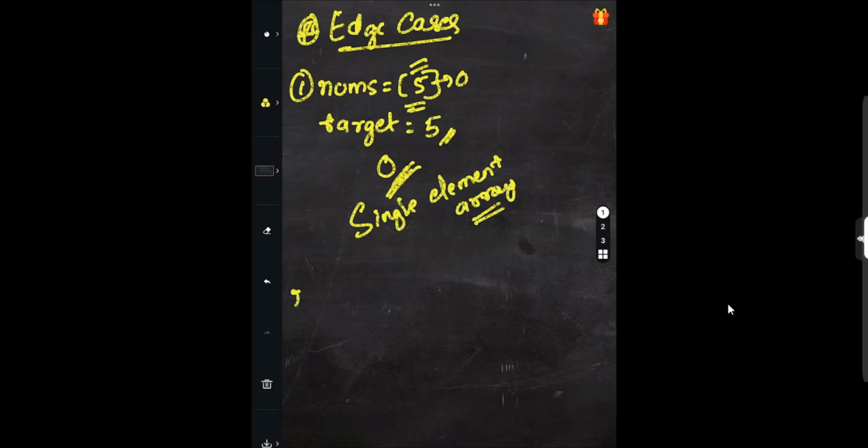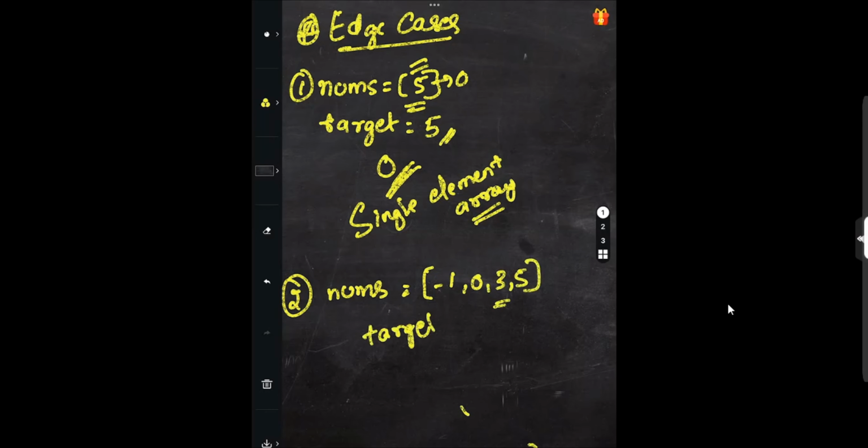Let's move on with the next edge case, nothing but target at the boundaries. While I say target at the boundaries, let me consider nums -1, 0, 3, 5. Same thing. Suppose we are having the target equals -1, and we are considering two examples here.